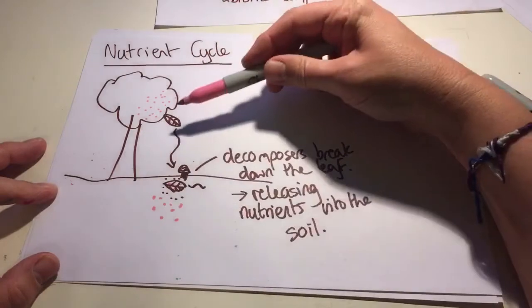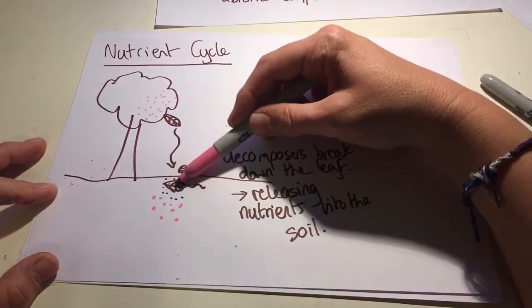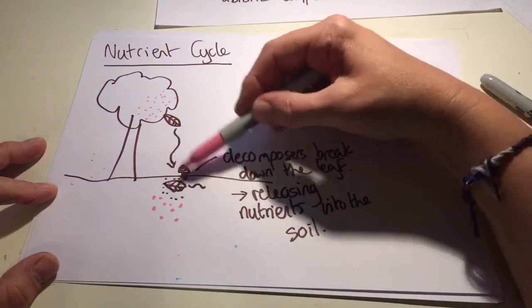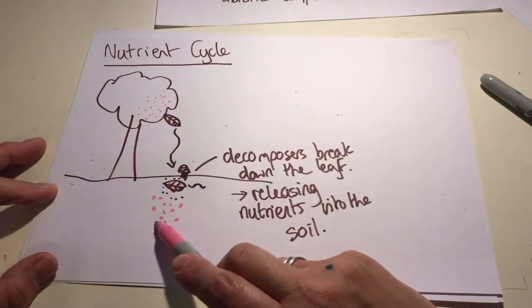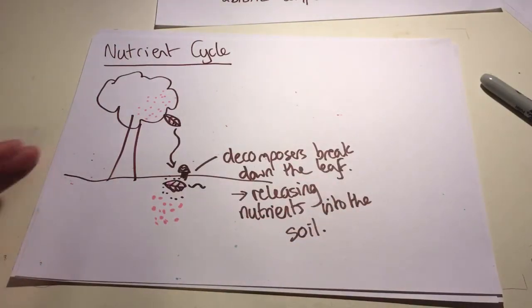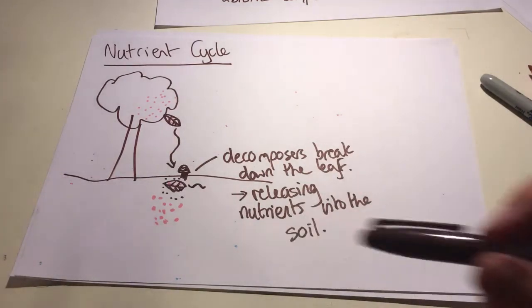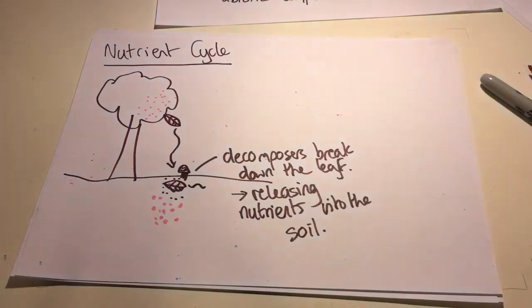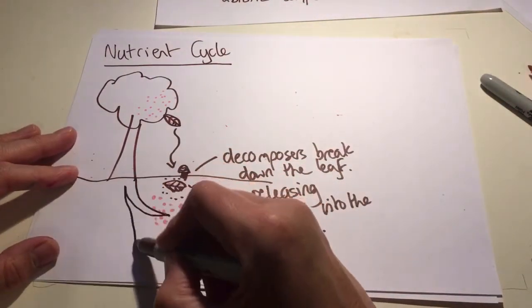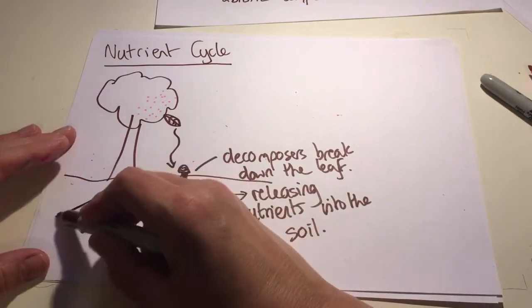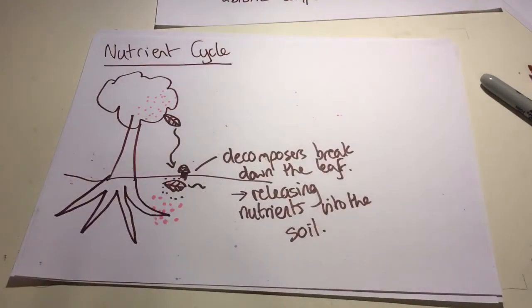So the goodness that was in the leaf fell to the floor. The decomposers did their work, took what they needed, and then they've released it into the soil. Okay, so the nutrients are now in the soil. Decomposers have done what they need to do. And this is where the next part kicks in. So the tree, the bit that we don't often think about, underneath the soil there's the roots of the tree.